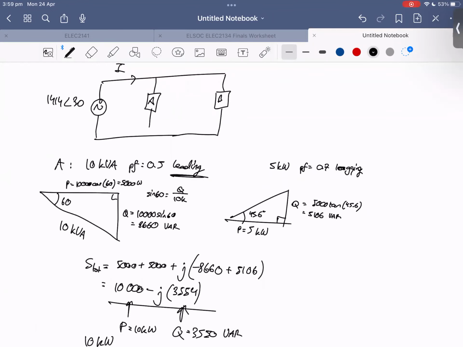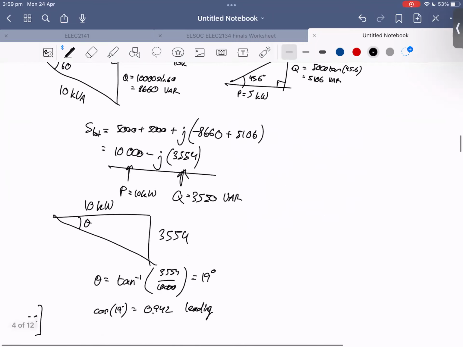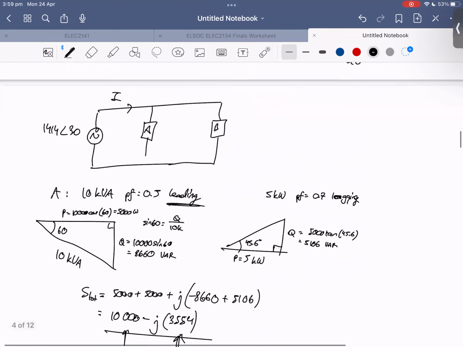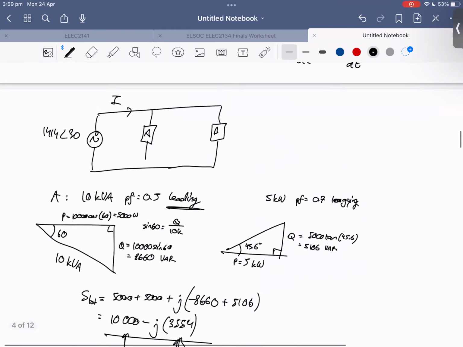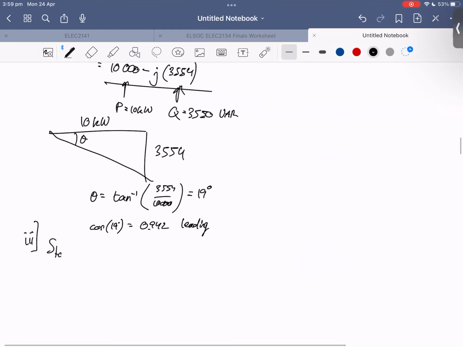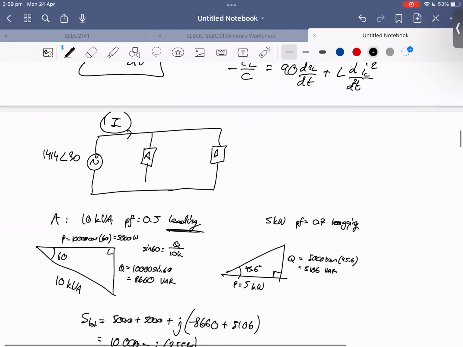And to find I, I'm probably going to look at the complex power. Because the complex power is half times V times I conjugate, and this is I, and this is the voltage, which we know is 1414.